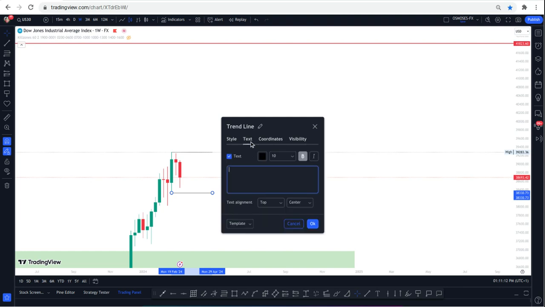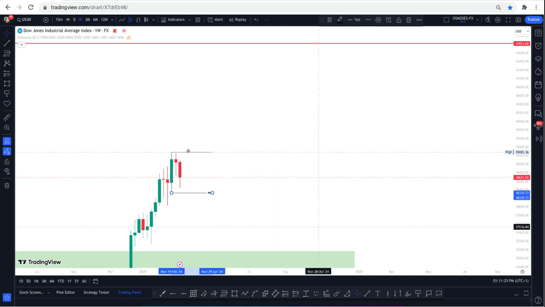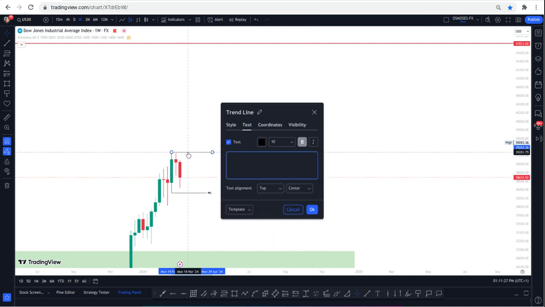So I have this to be week low, and I have this to be week high.